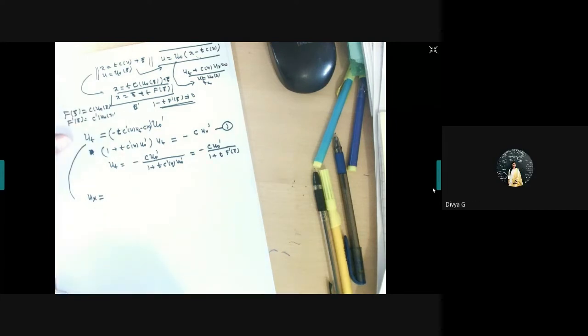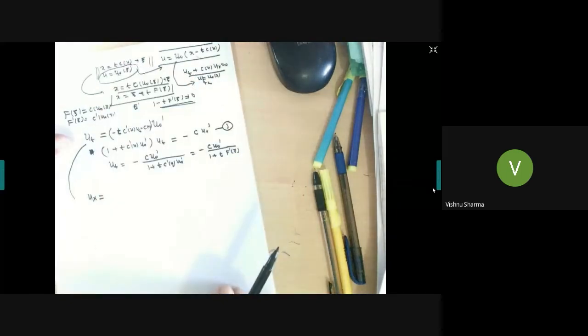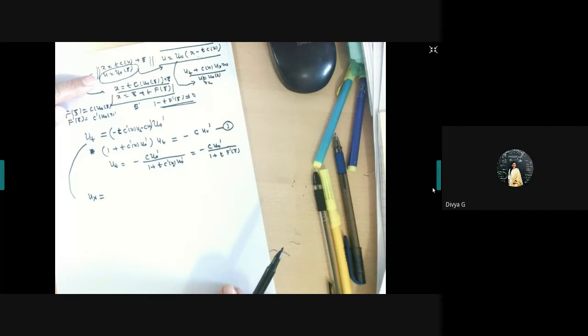And when this came into the denominator, 1 by minus t of c dash of u, we consider u as u naught. So u is u naught, right from the beginning. U is equal to u naught xi. Is it clear now?